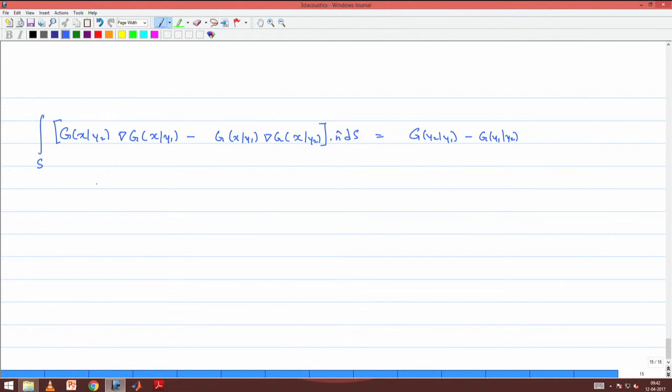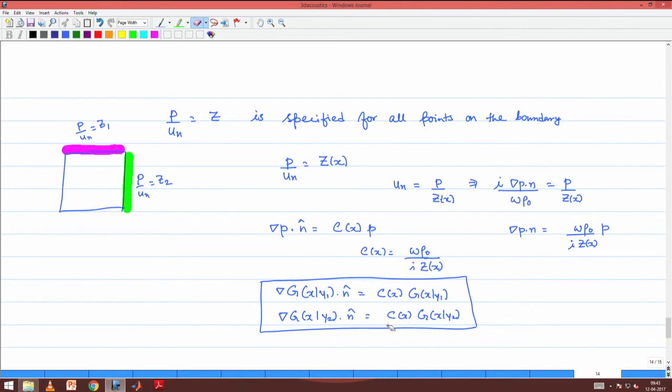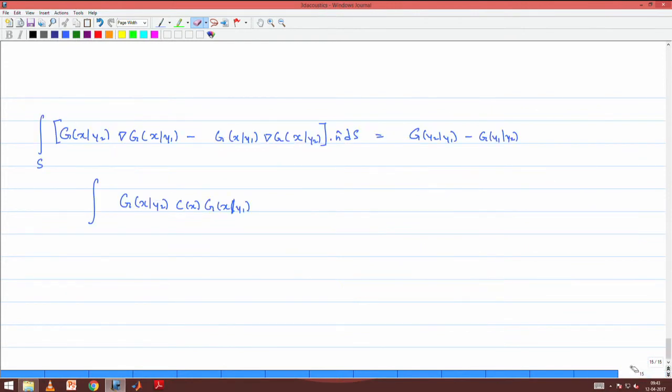So, this quantity will be g(x, y2) into c of x g(x, y1). I have basically used this formula which I had derived.